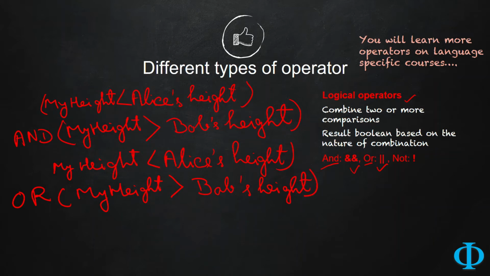These are very simple English statements, right? In the first case, you are checking whether both comparisons are true or not. And here, by saying or, you are checking whether at least one of these comparisons holds true. The same thing happens in programming. The meaning of and or is the same in the context of programming also.